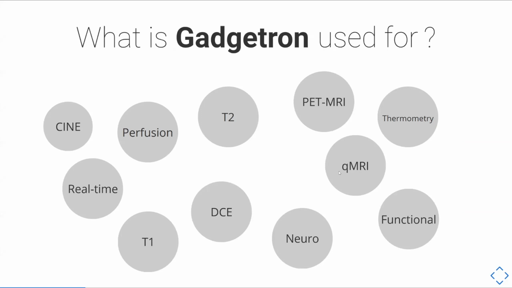We have a very active neuro community doing functional imaging and qMRI. There are people who are doing PET MRI using Gadgetron. The SURF project is using Gadgetron as their engine for MRI reconstruction. There are people doing thermometry, DC imaging, and many other things.